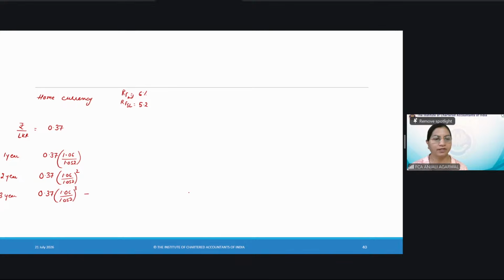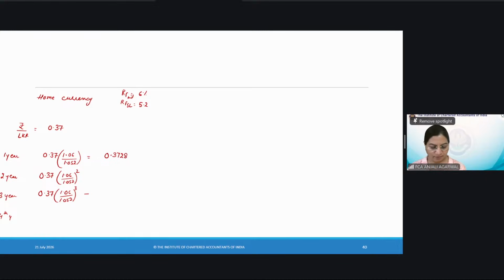So whatever the forward rate comes here, in the fourth year, we will use that. So the first year is 0.37 multiplied by 1.06 divided by 1.052. We can see that the rupee is depreciating a bit, 0.3728.